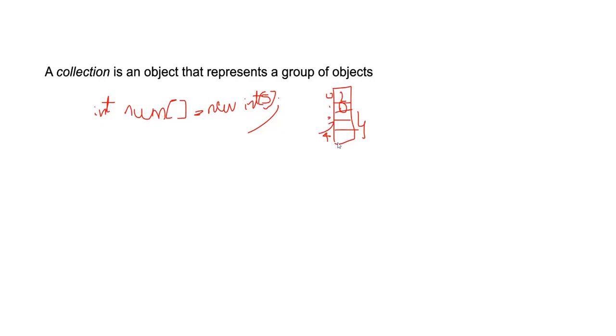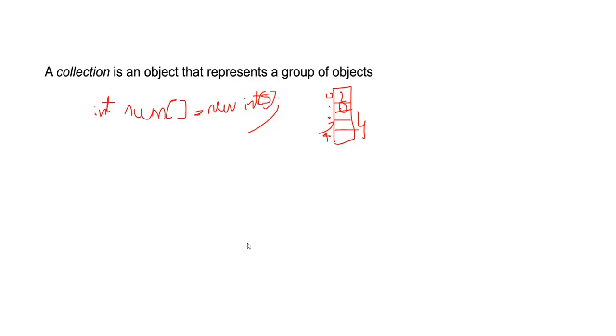But in case of collection, there also it is a collection of objects only, but there is a slight difference. In case of a collection, it is basically a representation of a data structure.